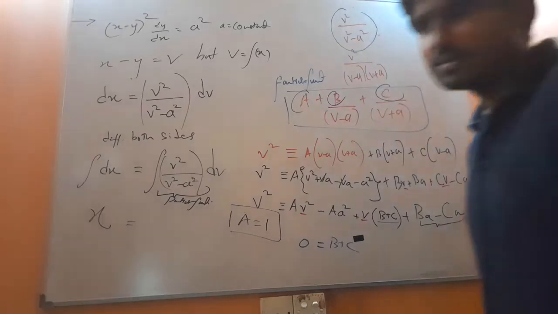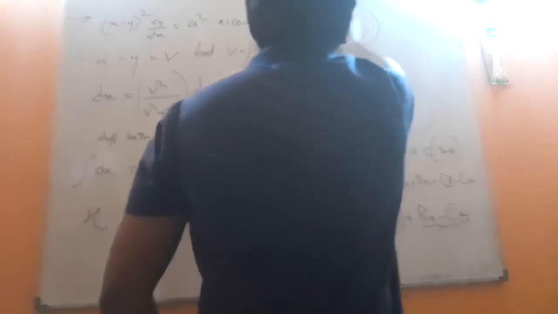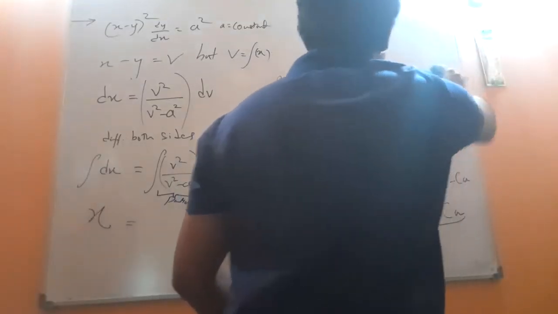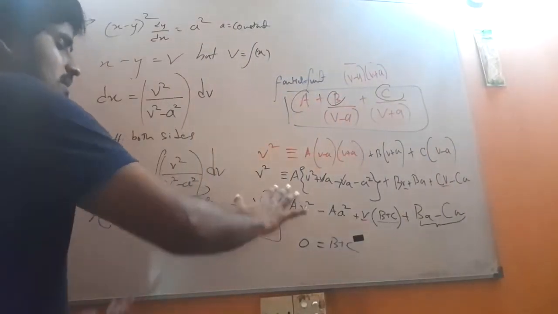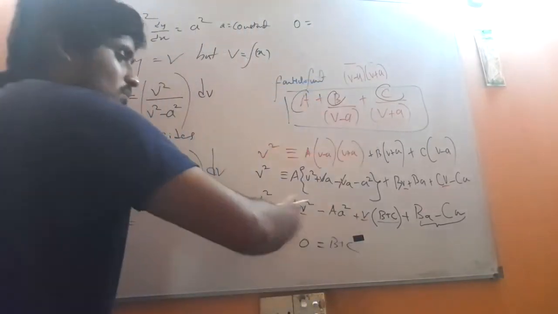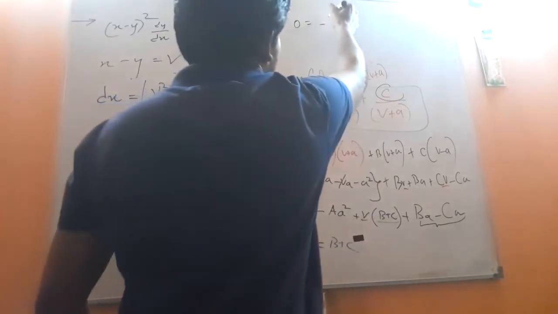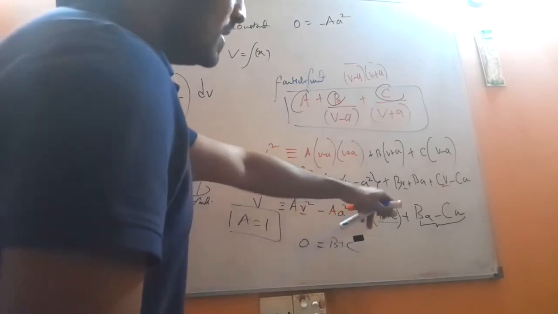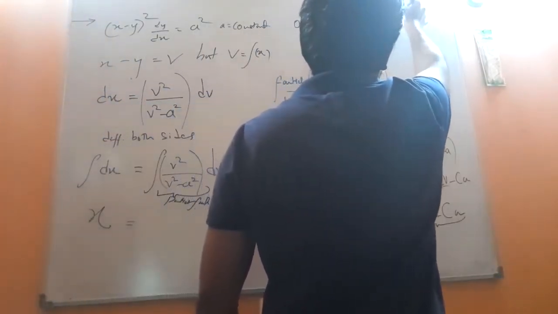Shall I erase the remaining part from here, because I need some space. Okay. Now we can match the constant term. Here there are no constant terms, so it is 0. But here there are some constant like terms: minus a squared, minus capital A times small a squared, and also ba minus ca, positive ba, negative ca.